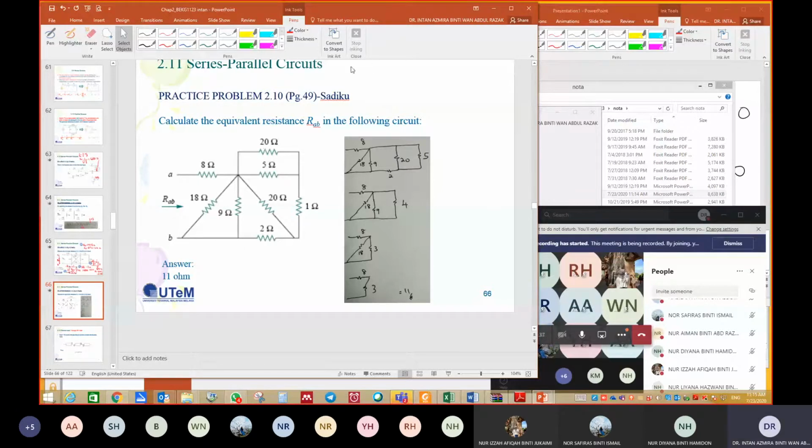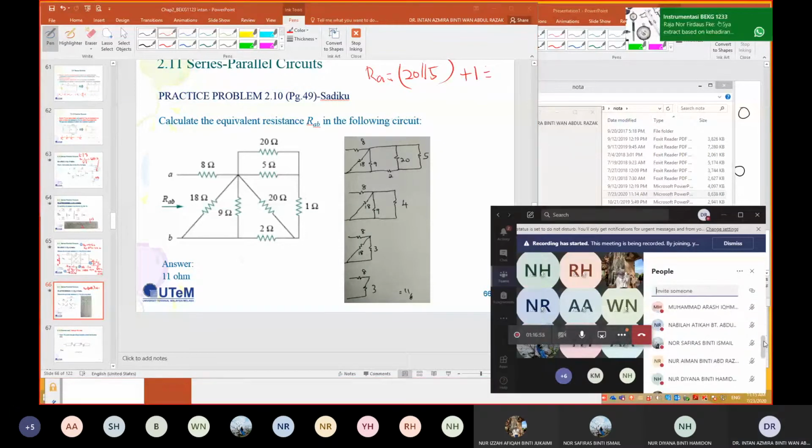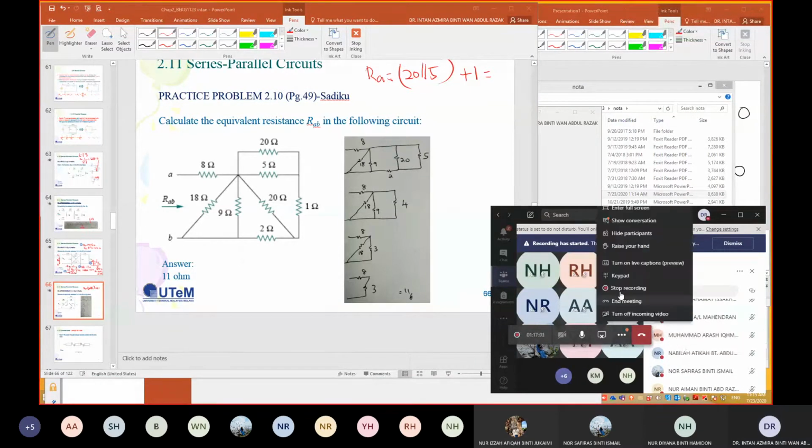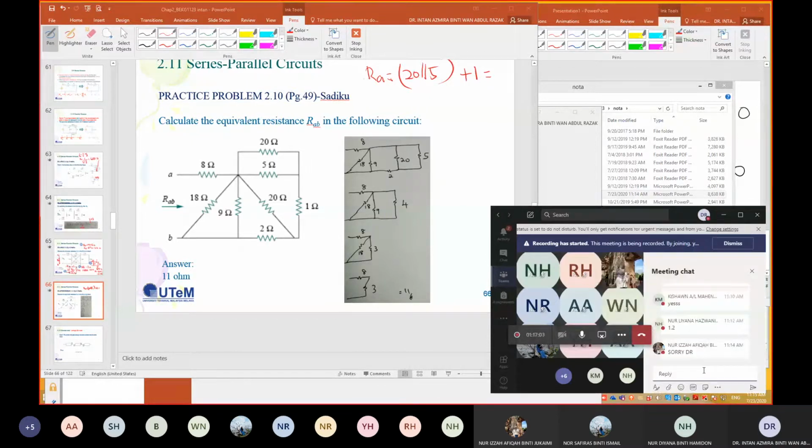Try it. So RA is equal to 20 parallel with 5 and then plus 1. Is Arash there? Arash?